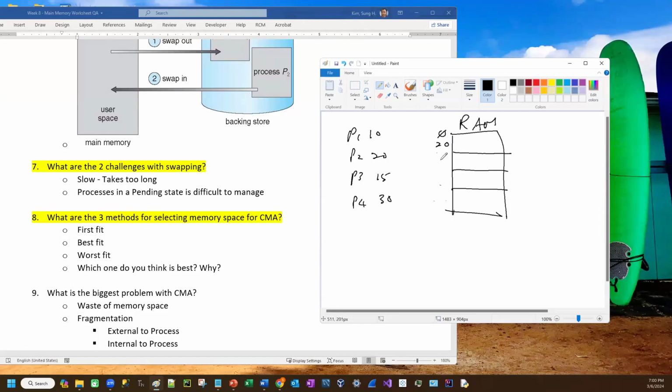Let's say I have 15, 10, 40, and then another 20. Okay. So if we're using the best fit, okay, so when 20 comes in or 10 comes in, I'm going to search from the beginning and see which one this one can fit the best.